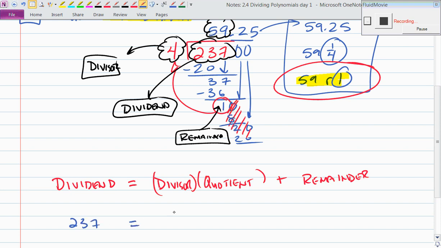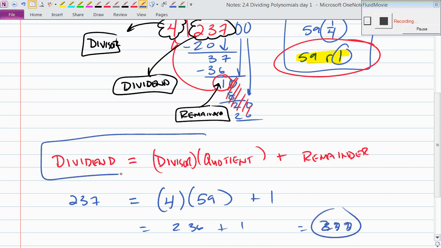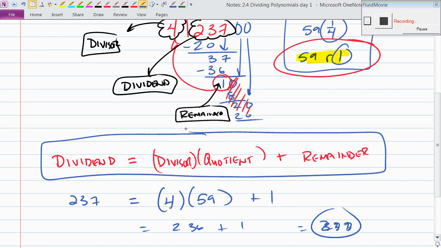Is that equal to the divisor, which is 4, times the quotient of 59 plus 1? Is that true? It certainly is true, right? That's because this is just 236 plus 1 gives you back the 237. So this piece of information here is actually kind of important.